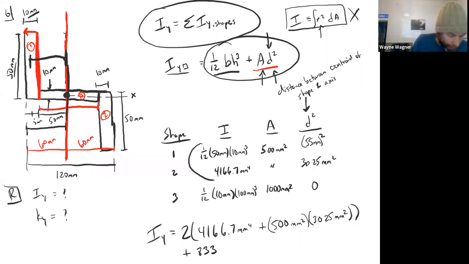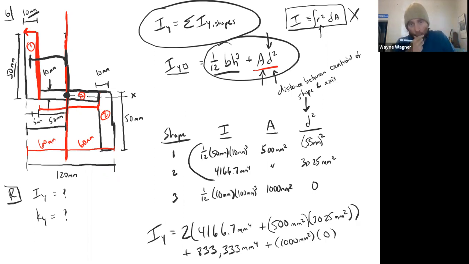This is my least favorite part of the whole course, maybe, keeping track of these ridiculously large numbers. Plus A d squared, which in this case, I'll fill it in just so you know what I'm doing, times 0. Okay, and that's how we get our answer. And this obviously goes away.